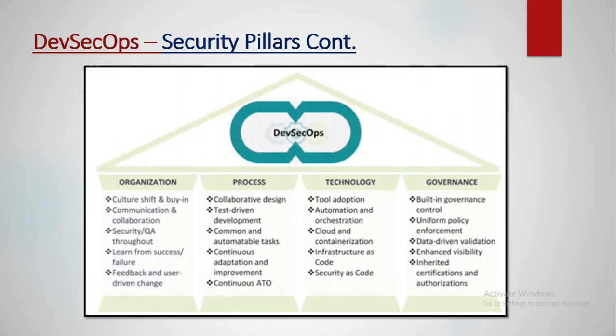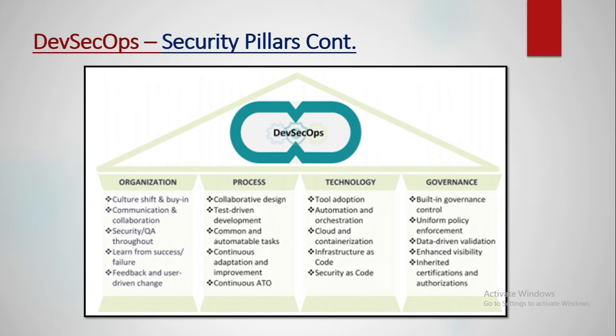Okay, this is the picture of how Department of Defense organizations separate their security. Here they separate their security into 4 pillars: organization, process, technology, and governance. Inside the organization, they mention a few security criteria like cultural shift and mindset, communication and collaboration, security and quality assurance, learning from failures, and finally feedback and user-driven changes.